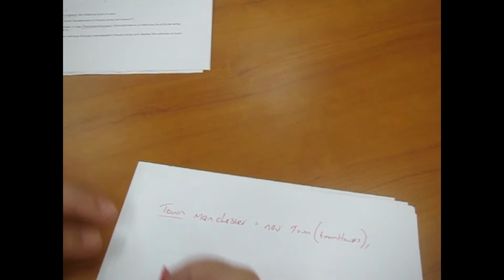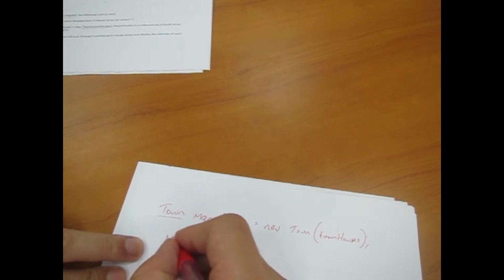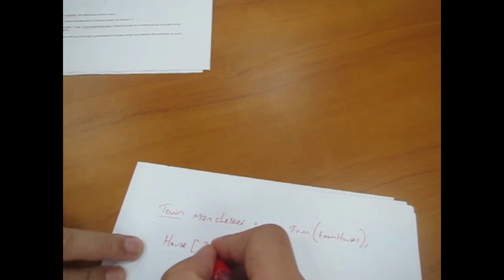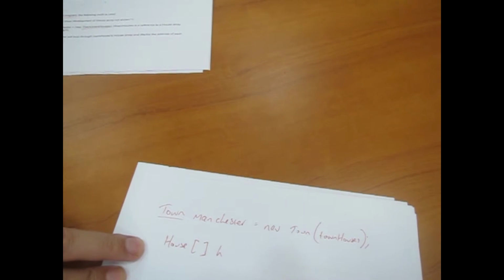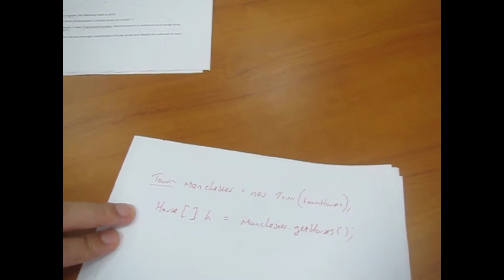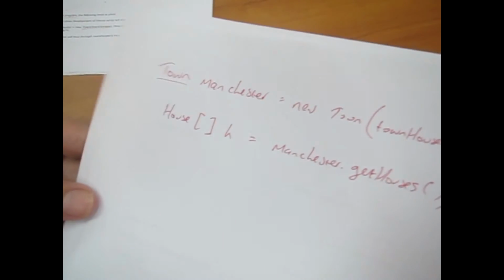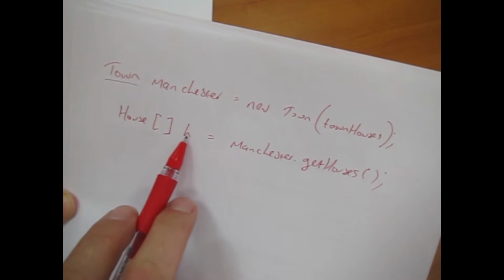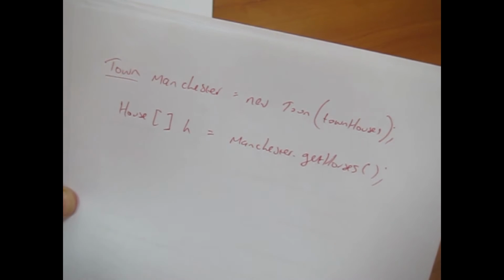So let's use that. I'm going to construct a new House array called h, which equals Manchester.getHouses(). So I now have a reference to Manchester's house array. This is pointing to Manchester's house array.